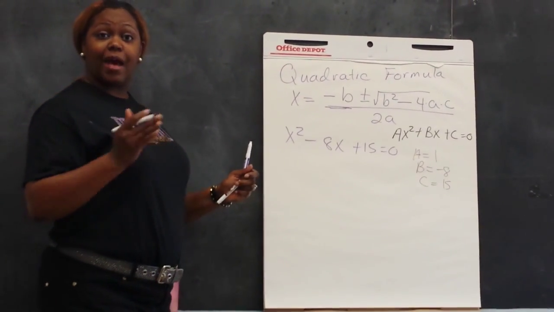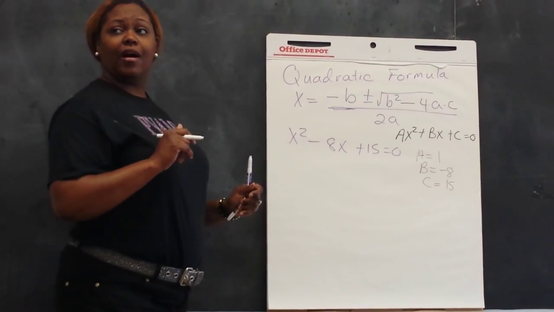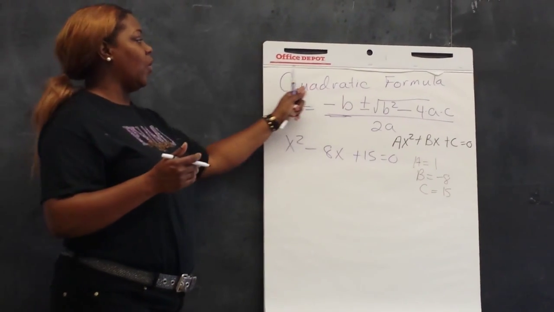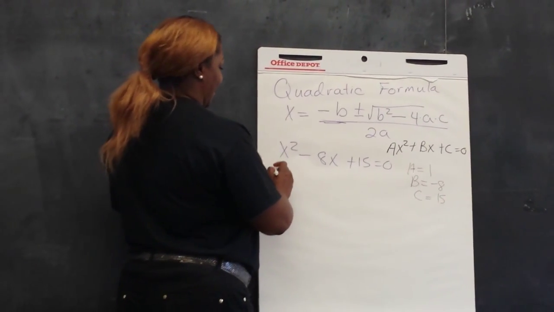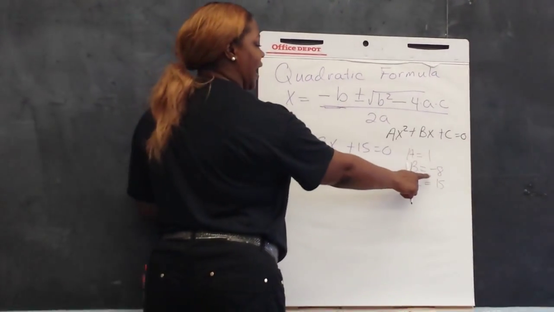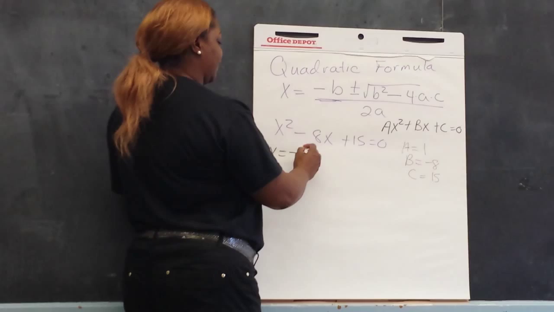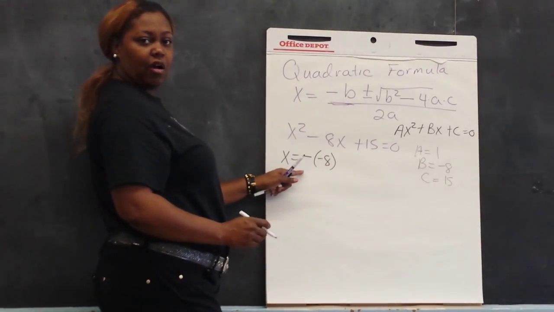Now we have our a, our b, and our c. We're able to substitute into the quadratic formula. x equals a negative, and since our b is a negative 8, we have to show that we're putting in a negative 8, and the formula also calls for a negative.